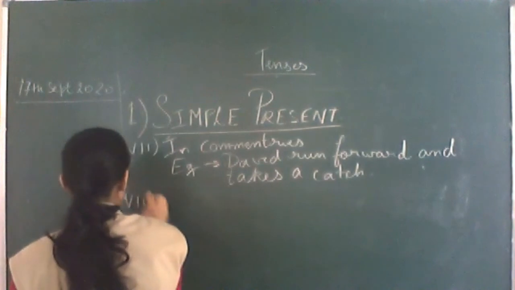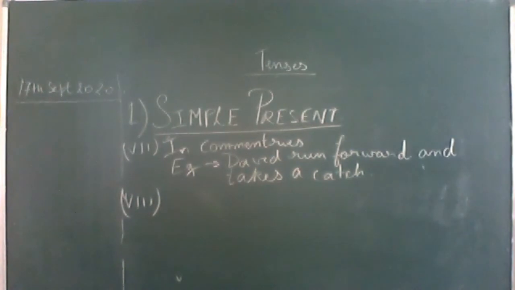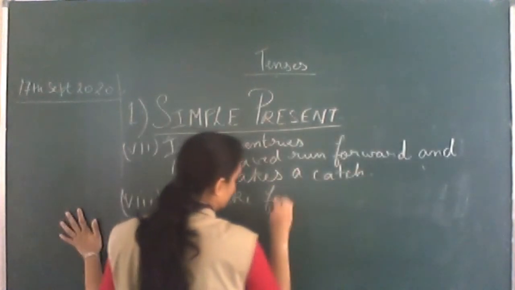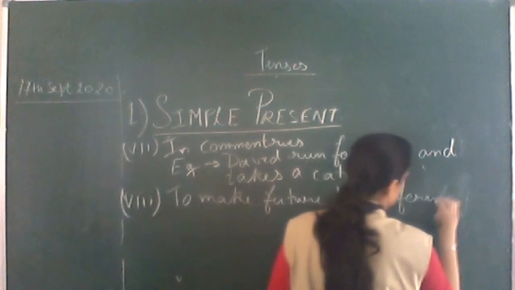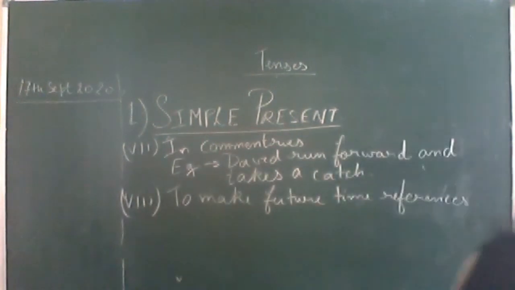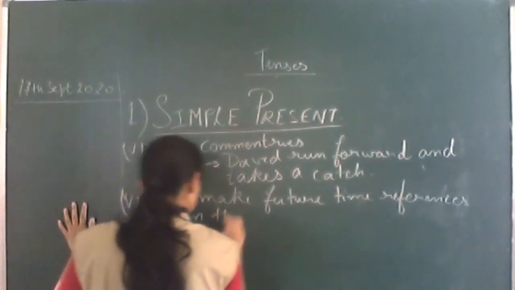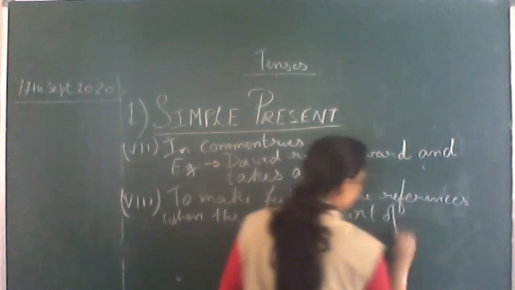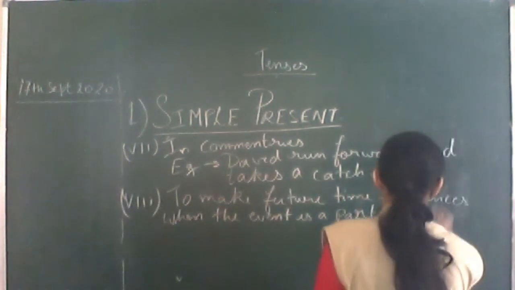Then the eighth one is to make future time references when the event is part of a fixed timetable.